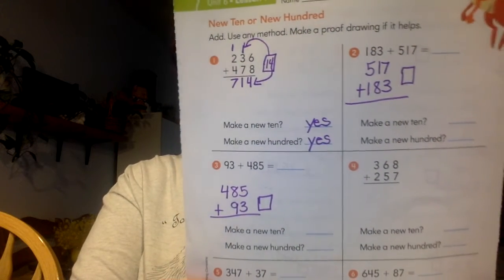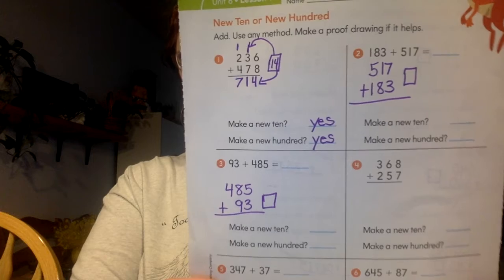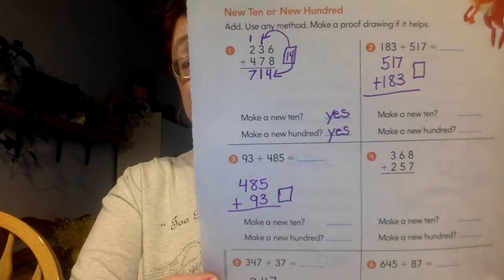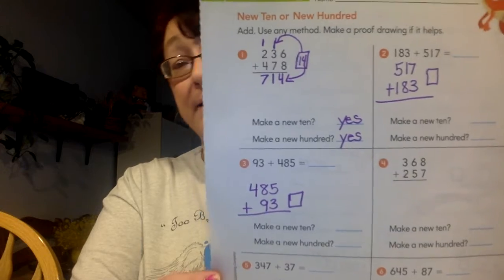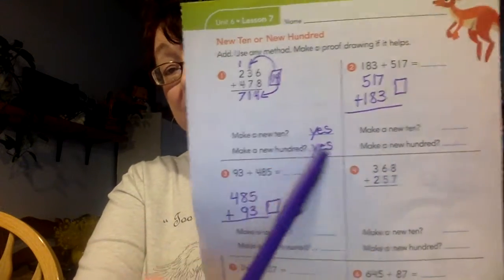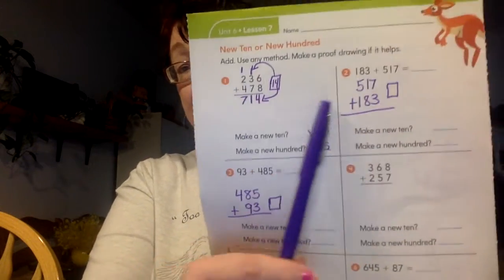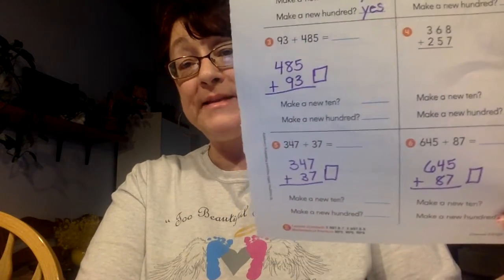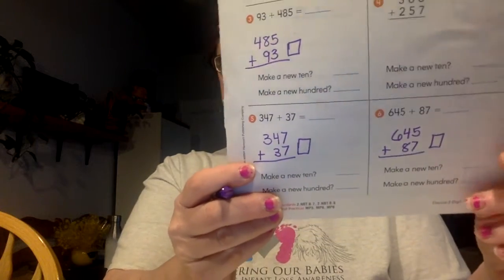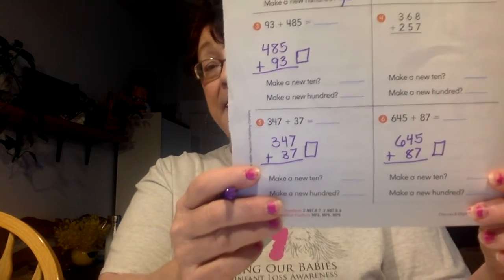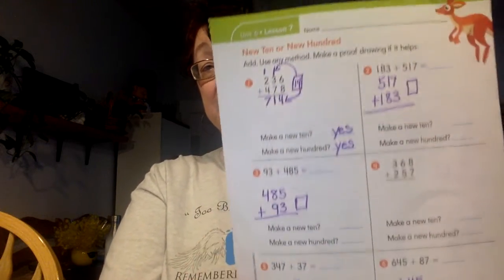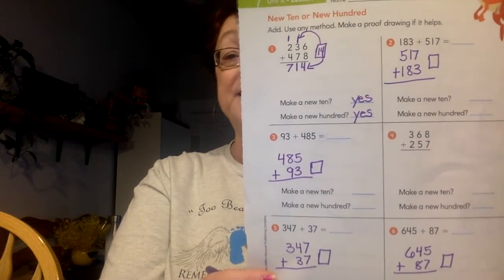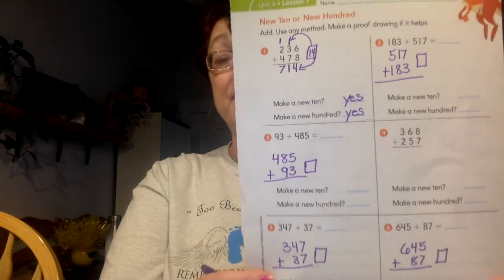I've told you that for several months now, that it's easier to do these problems the way that we've learned if you write them the vertical way. So you can do all of this process there and here. So go ahead and do exactly what Miss Staley did with hers before you get started. And then when you are done doing the problem, you ask yourself those questions. Did I make a new 10? Did I make a new 100?